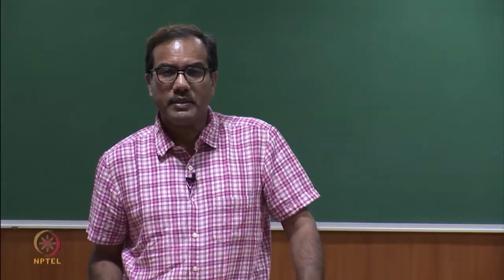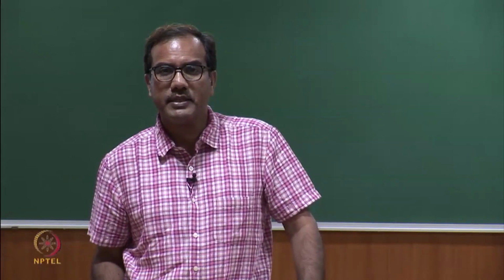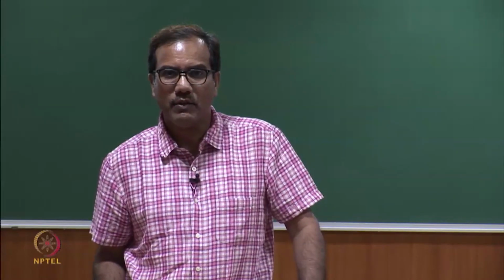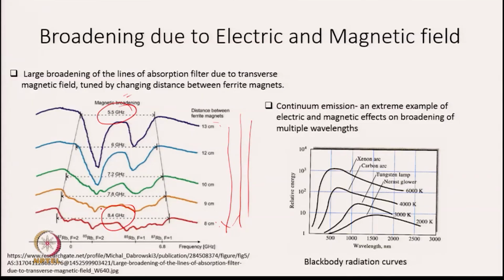Continuous emission is an extreme example of electric and magnetic field effects on broadening of multiple wavelengths, and these are the black body radiation curves for different kinds of lamps at different temperatures.